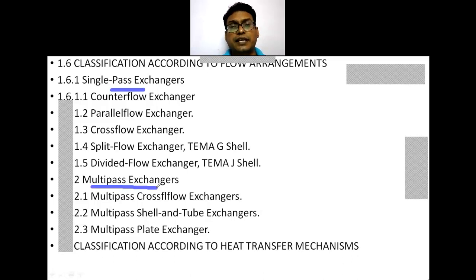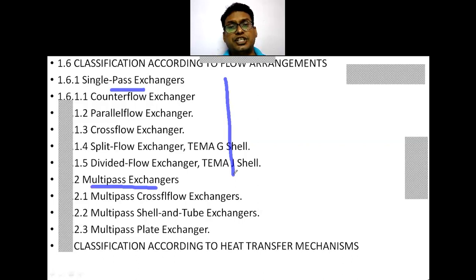In case of a single pass arrangement, we are having the counter flow exchangers, parallel flow exchangers, cross flow exchangers, split flow exchangers, and divided flow exchangers. These are all the different types. One by one we will see their figures also. First we will understand this. This is according to the flow arrangement, that is a single pass and a multiple pass arrangement.